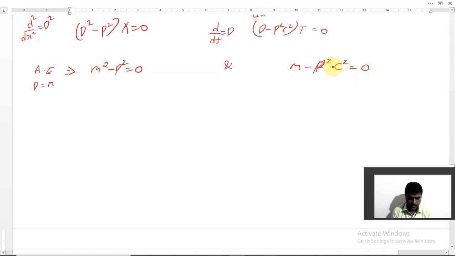Now simplify this, friends. Here I get m is equal to plus or minus p. So here you can see the square will go; if you bring it to the right hand side, it will become plus. We say that here the roots are real. Okay, here I will take p is equal to minus; if I bring it to this side, it will become plus.